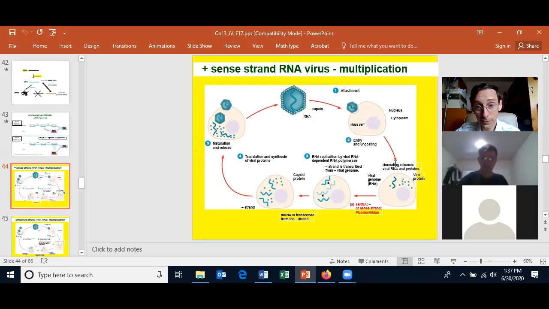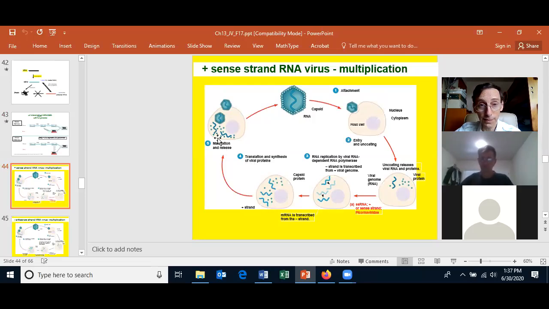That positive strand RNA molecule can be directly read by the ribosomes to be translated into viral proteins. But regardless, that viral genome, you make the other strand to replicate your strand of the genome, and then only the positive strand RNA will be read to be translated into protein.